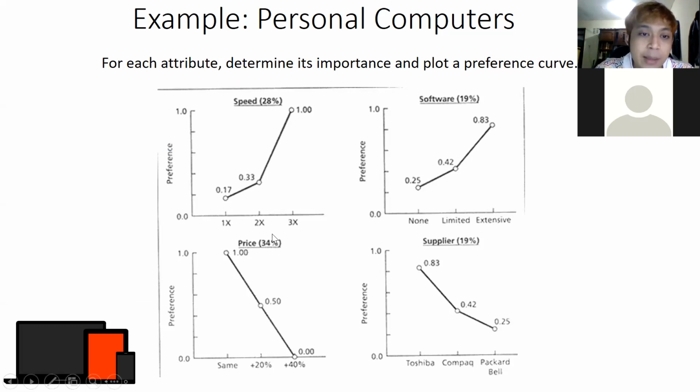So you can see this one, for example, 1, 2, 3, and when the speed is 3 it is more preferred. But of course it's either the more the better, or the less the better. Usually in a conjoint analysis, it's a little bit rare to see a curve like this one. It's rare for me, I think, for conjoint analysis. So it's either straight positive or straight negative. Usually it's like that.